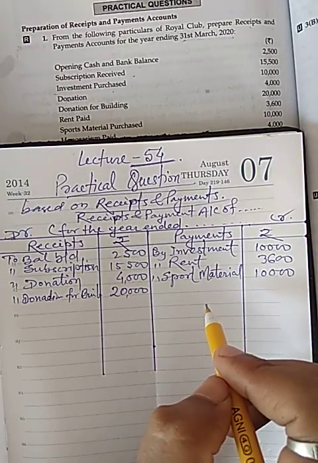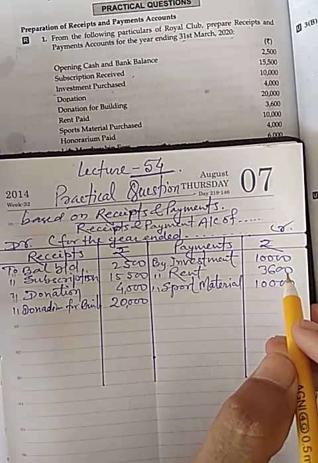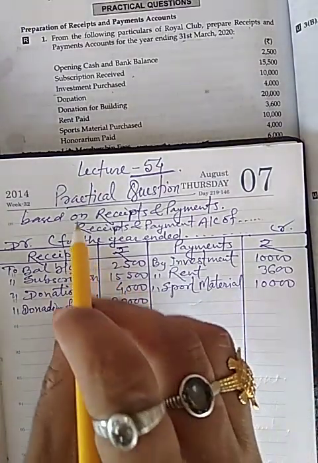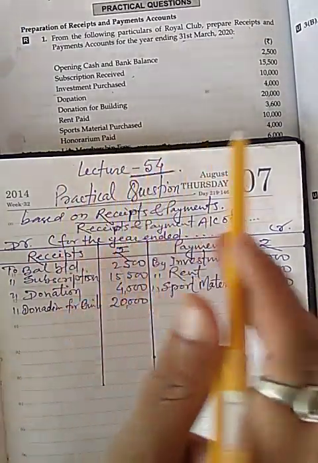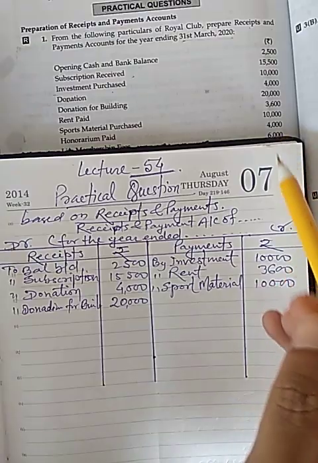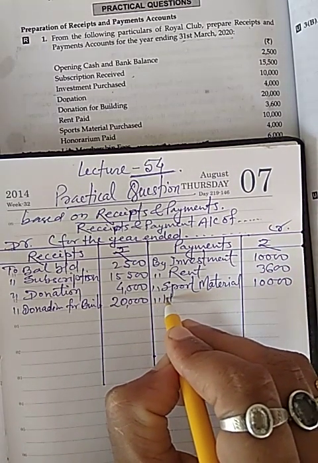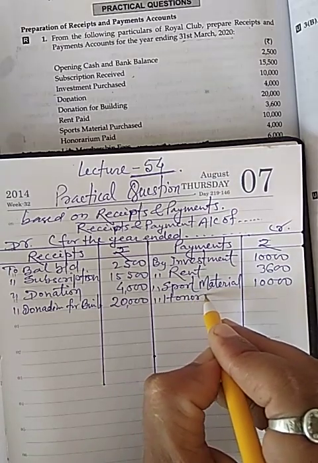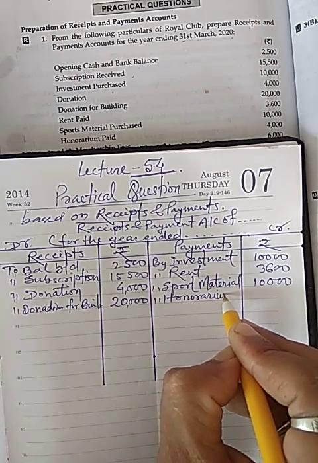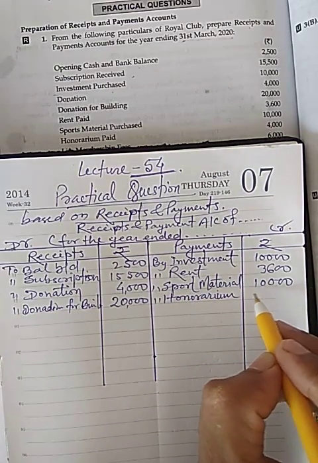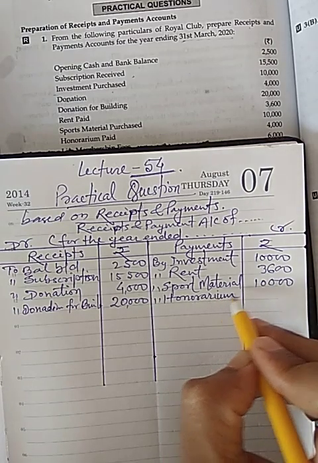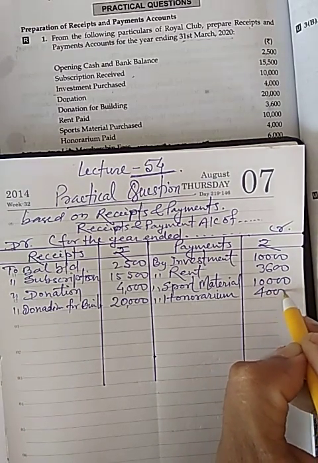Now next point is honorarium paid, so it will also be payment. Honorarium rupees 4,000.